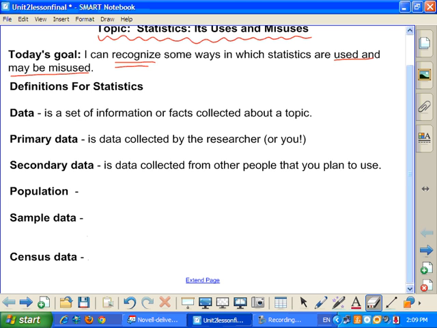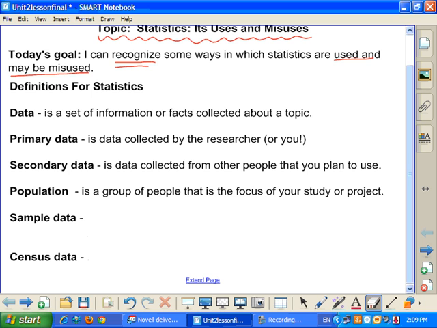Population, what does population mean? Normally you'd say there's how many people are in the country or province. Right idea, but now in math, population is the group of people that you are investigating or studying. So if you're looking at how many people in the school like hockey, your population would be the school, the people in the school.